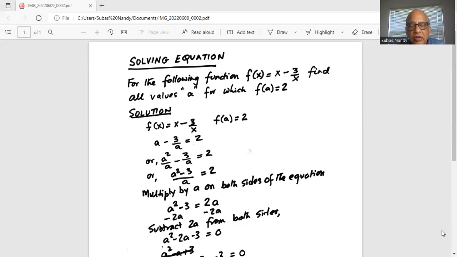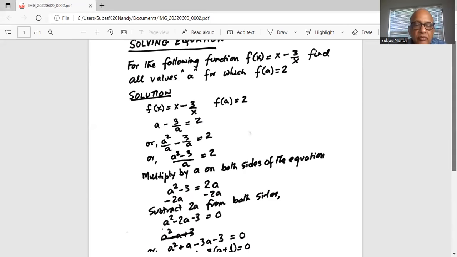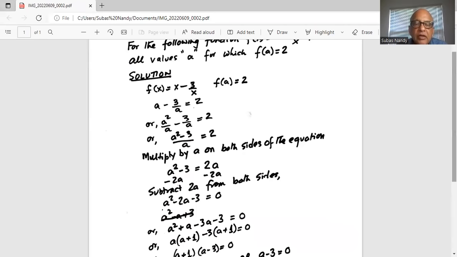On the right hand side, multiplying by a, I get 2a. Now I will subtract 2a from both sides of the equal to sign. Therefore, I get on the left-hand side a square minus 2a minus 3 equal to 0.